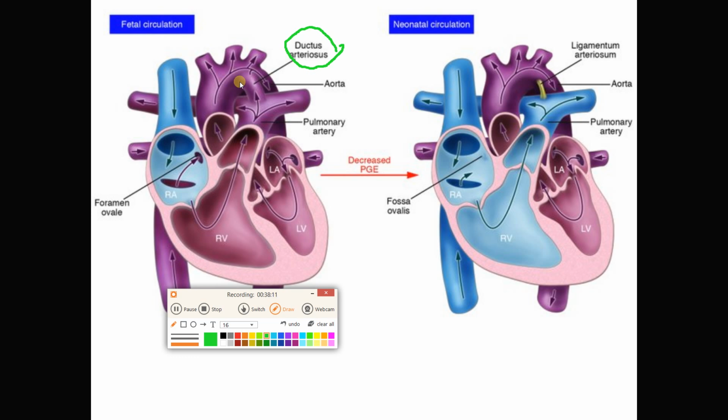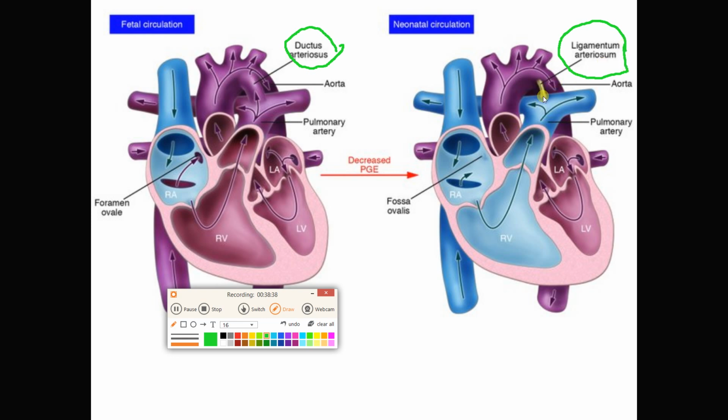Now, the ductus arteriosus, shortly after birth, is going to squeeze really tight. It's got muscle in it. It squeezes really powerfully, and it shuts itself down, closes itself, and it turns into a tube, which persists in the adult, and that adult tube is called the ligamentum arteriosum.